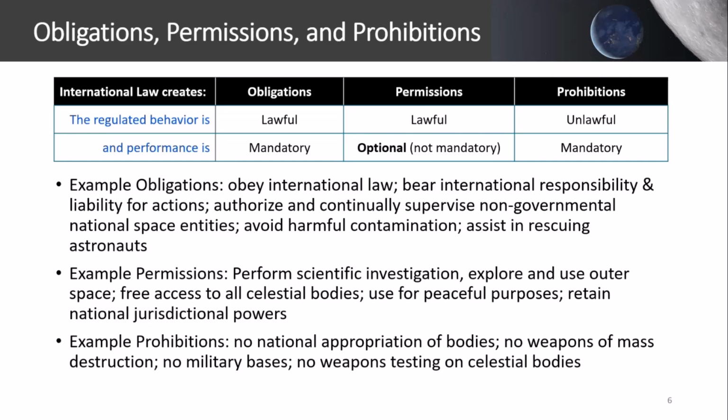So you can't claim a celestial body or a part of it for a national use as national territory. Also prohibits weapons of mass destruction, military bases, and weapons testing. In the middle there, it allows you to do scientific research, to explore, to use outer space, to have free access to all celestial bodies for peaceful purposes.